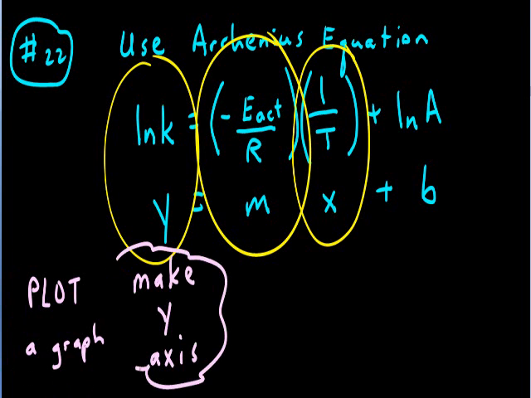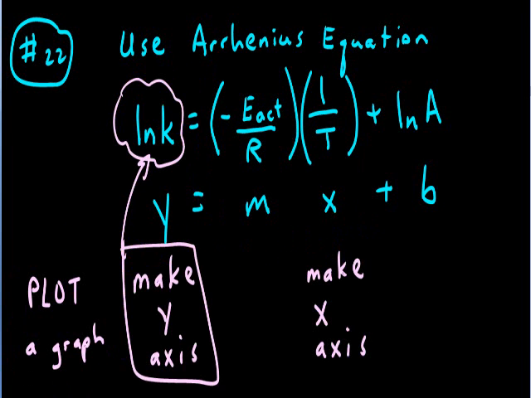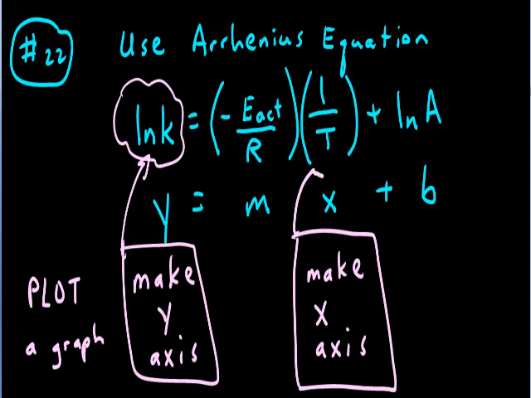For example, let's make our y-axis be represented by the natural logarithm of our rate constant k at all the different temperatures in the trials we ran in the lab exercise. Likewise, let's make our x-axis on our graph specifically be 1 over our absolute temperature.